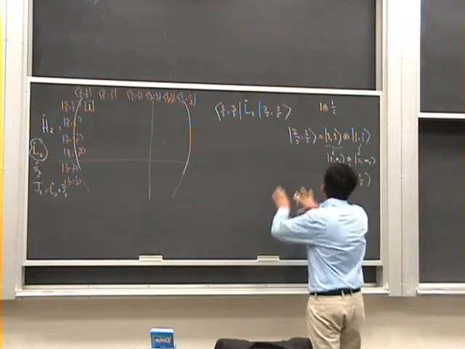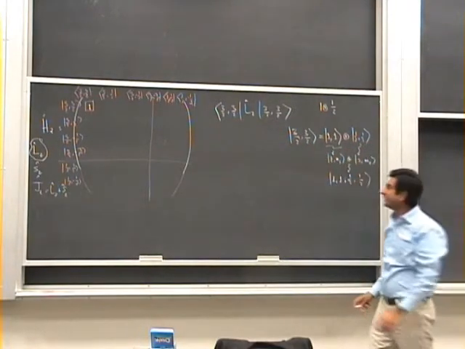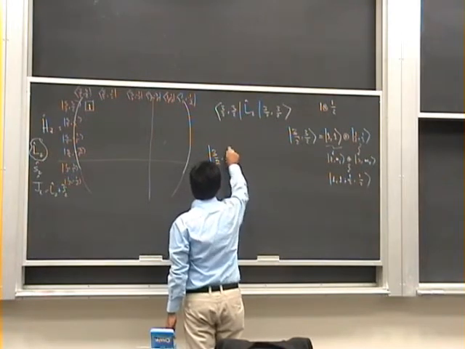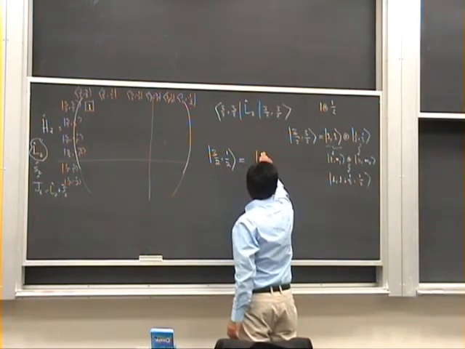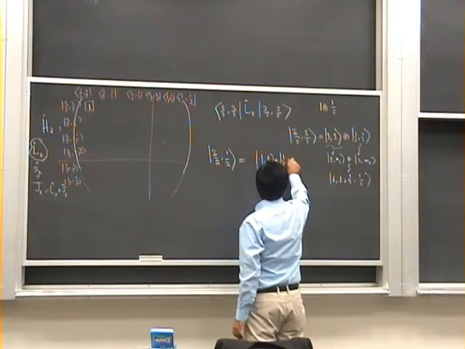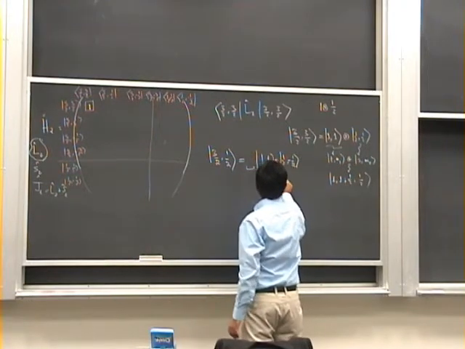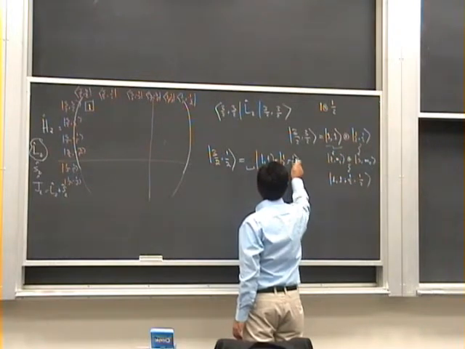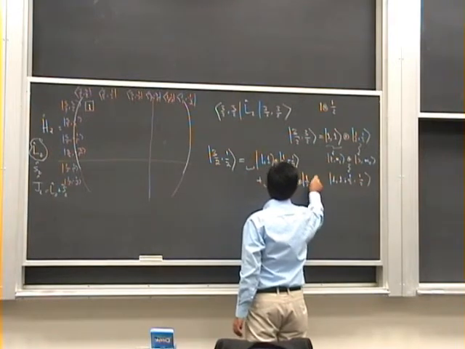So I would like to represent all the coupled basis states in the uncoupled version. For example, if I have the state 3/2, 1/2, then this state is really 1, 0 crossed with 1/2, 1/2 plus 1, 1 crossed with 1/2, -1/2.